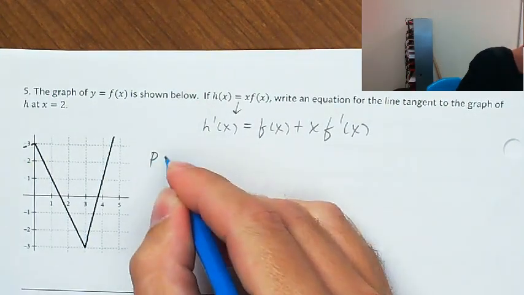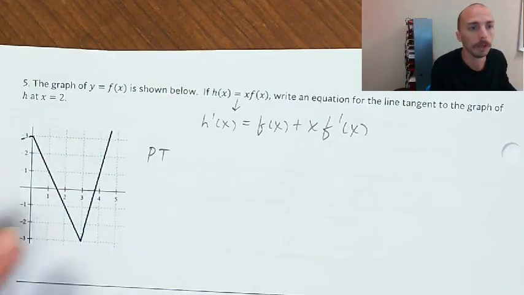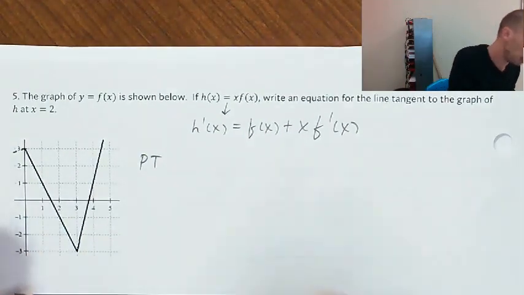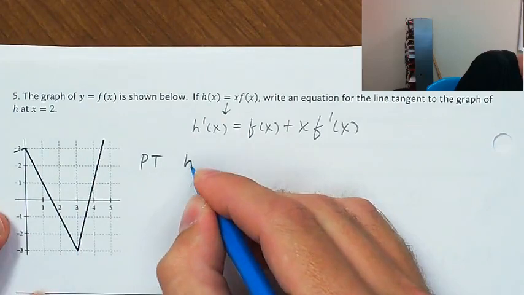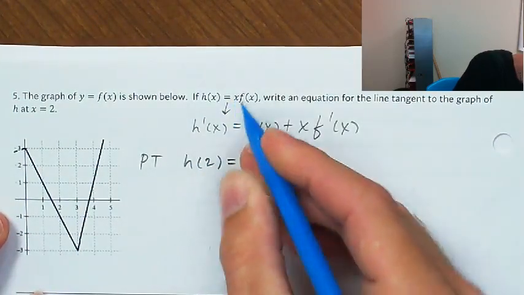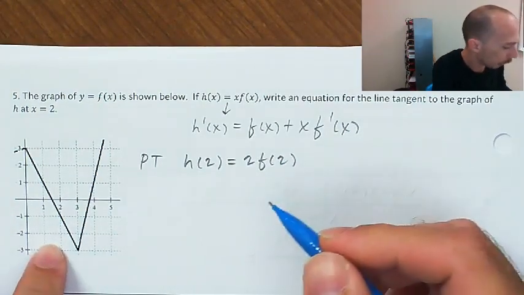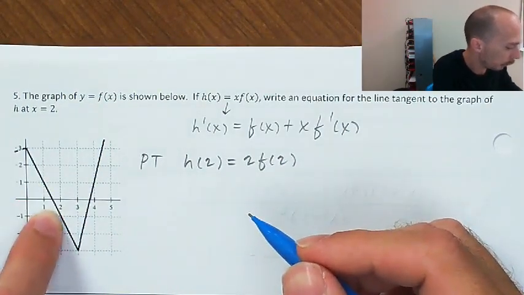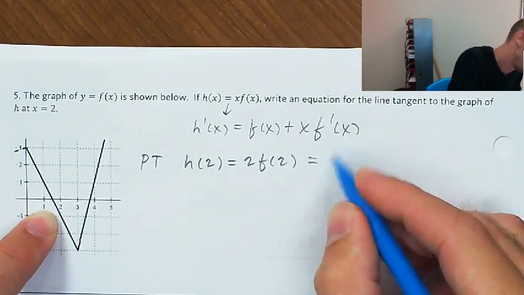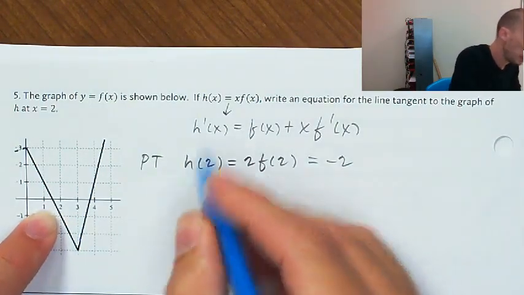Now I'm going to need a point and a slope to write an equation of my tangent line, right? So my point I'm going to get from plugging in the x value, h of 2 equals 2 times f of 2. I'm going to go over here to the graph and look and see, oh, okay, f of 2 is negative 1. So 2 times negative 1 is negative 2.